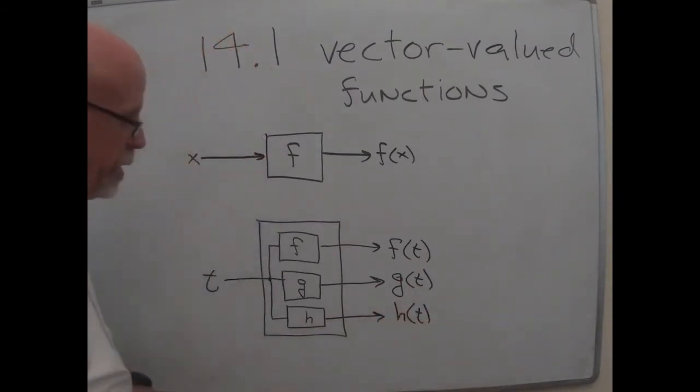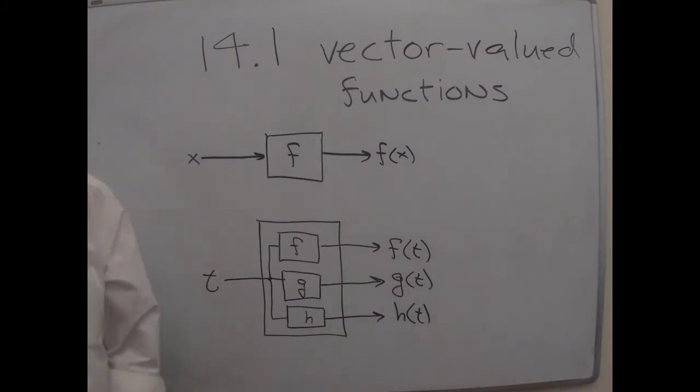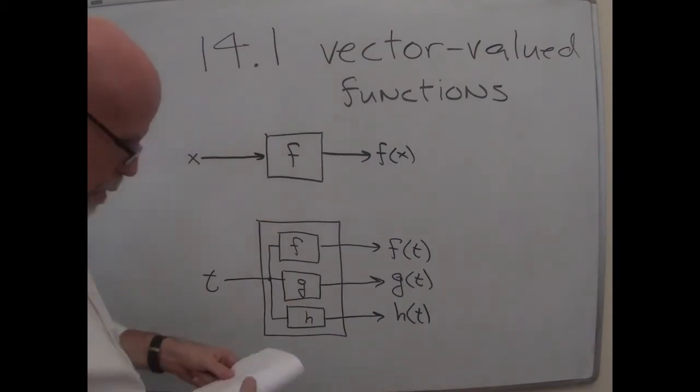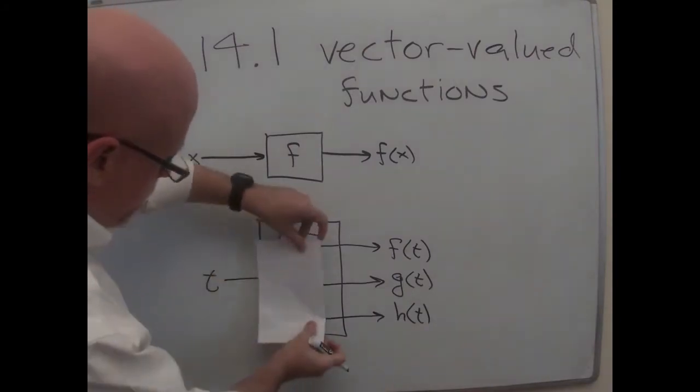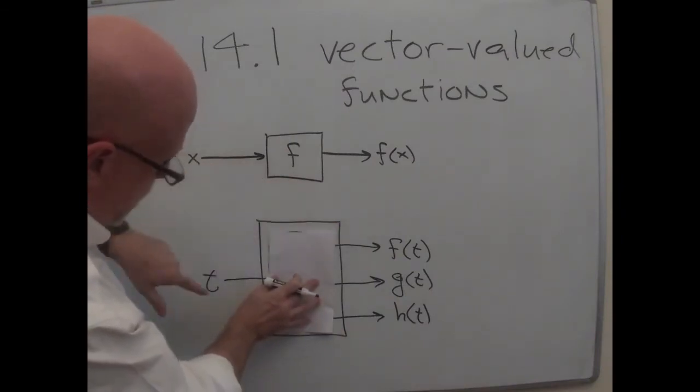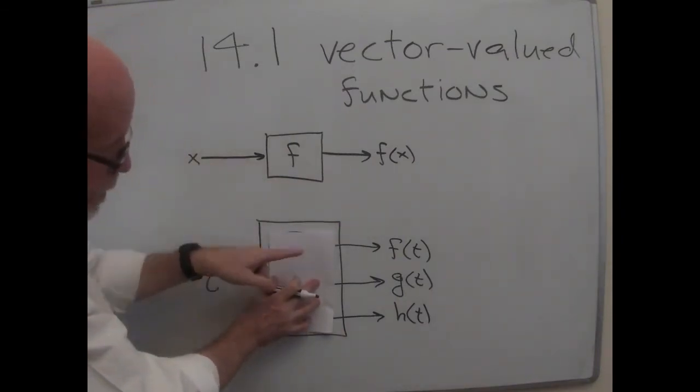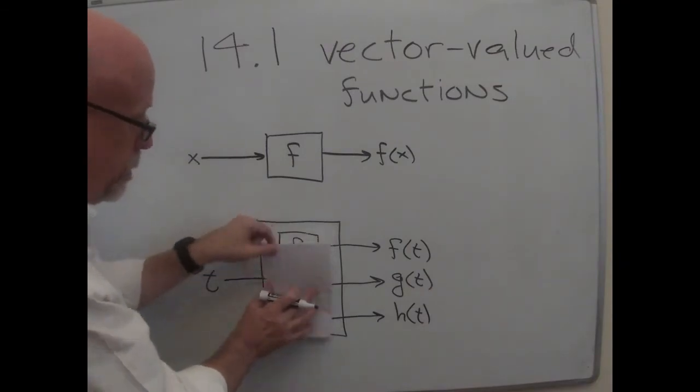What we want to do is consider those three to be a single thing. That's really the idea. The idea is that you think of this as just being a single box that has t going in and three outputs coming out of it.